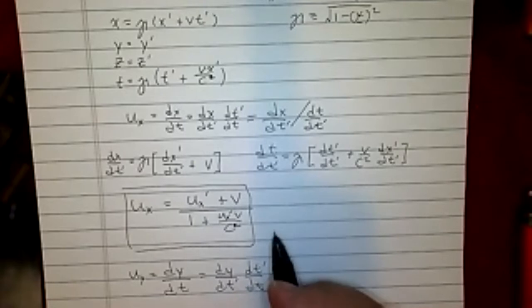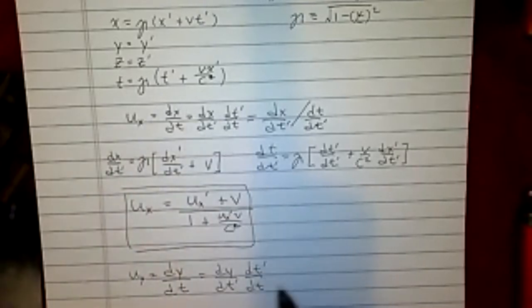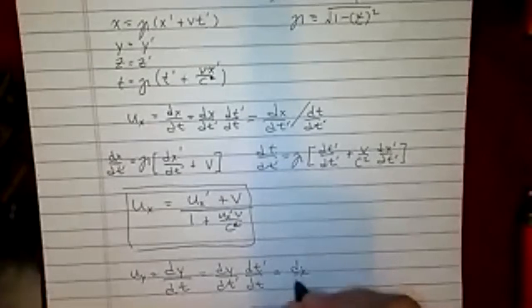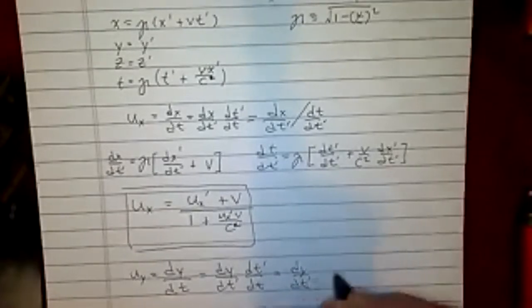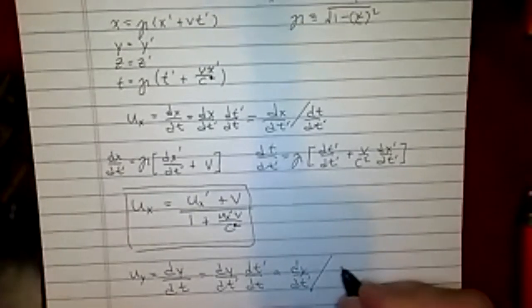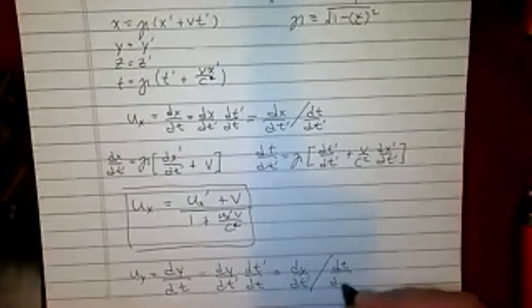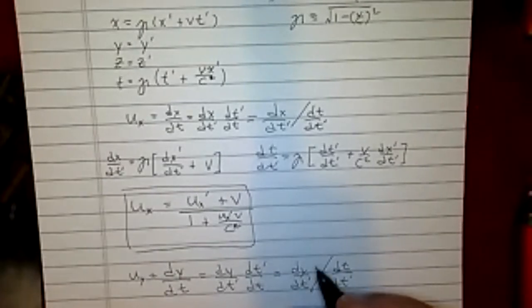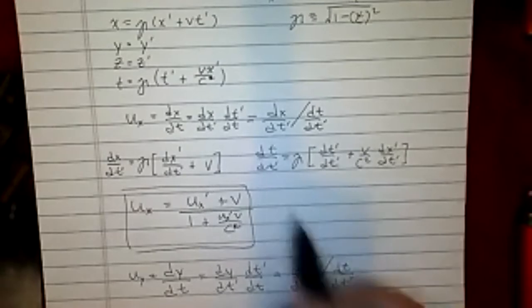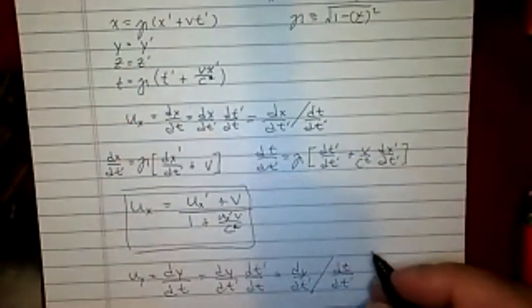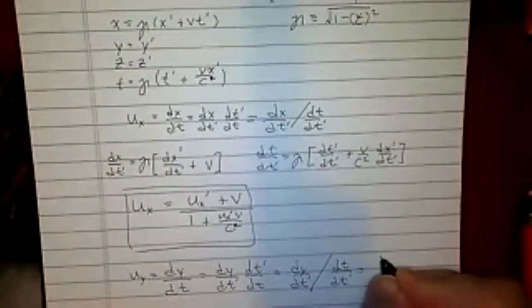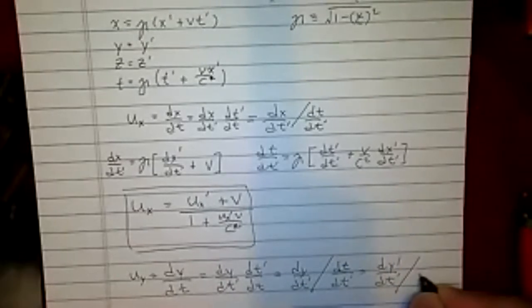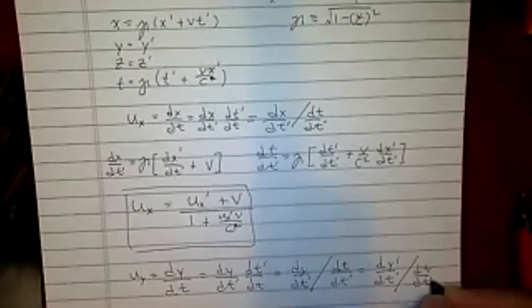But again, we have t in terms of t prime, not t prime in terms of t, so I'm going to call that dy over dt prime divided by dt over dt prime, which we've already worked out. And of course, we know dy over dt prime is just going to be dy prime over dt prime.